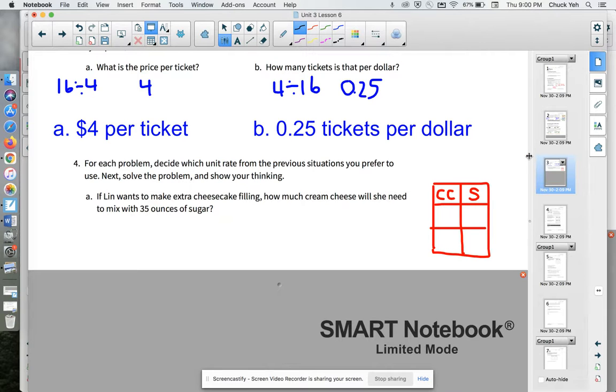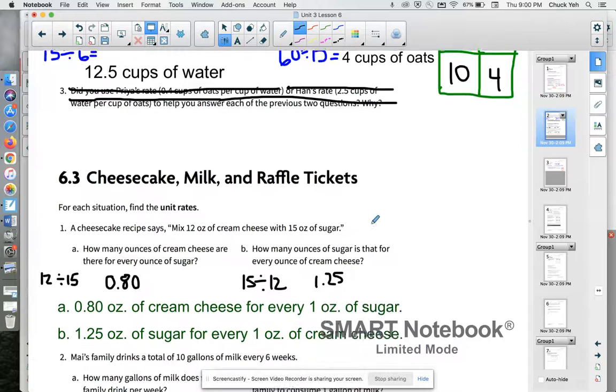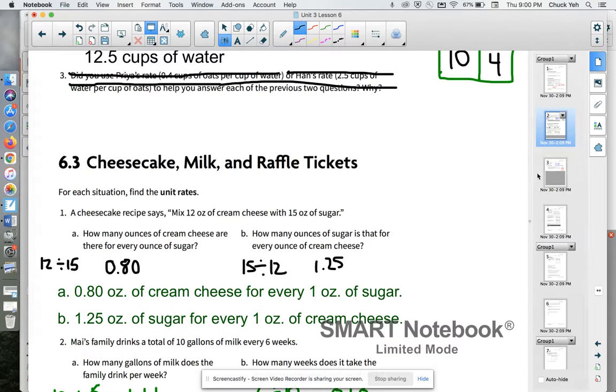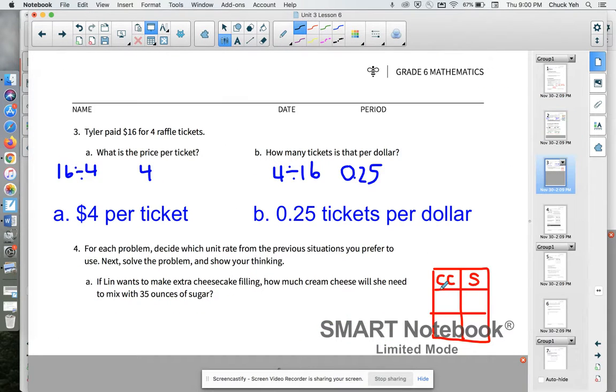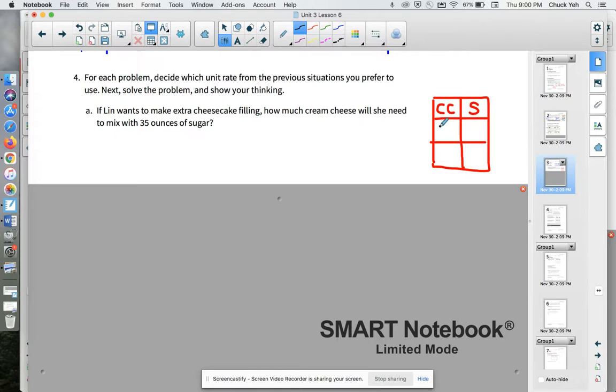So 12 and 15. If I have 35 ounces of sugar, 35 here. So I multiply 12 times 35, right? I cross multiply.